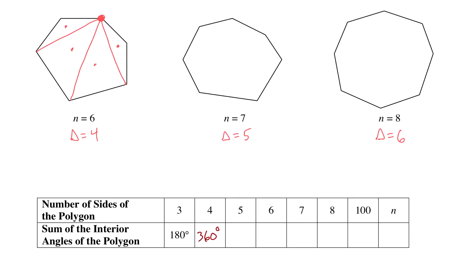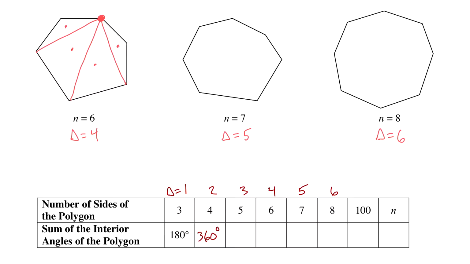And for 5 sides, what is it? Remember, the number of triangles was 1, 2, 3, 4, 5, 6.